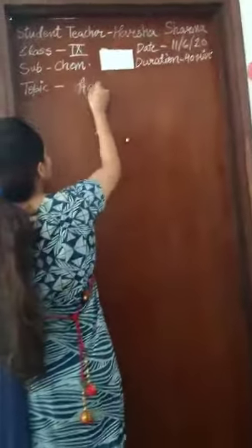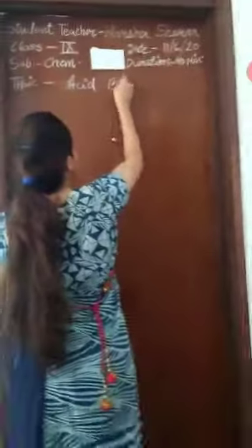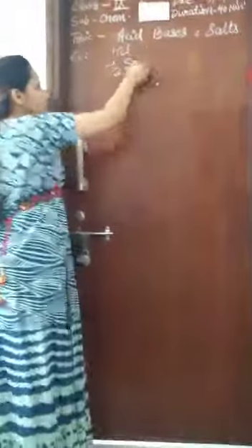So today our topic of study is acids, bases and salts. First we will be studying their examples. The most common example of an acid is hydrochloric acid or HCl, and H2SO4.